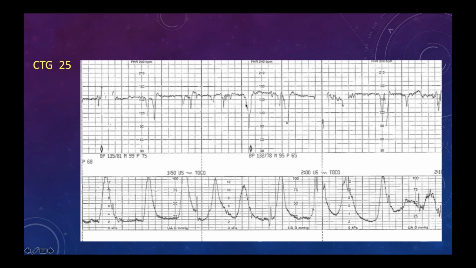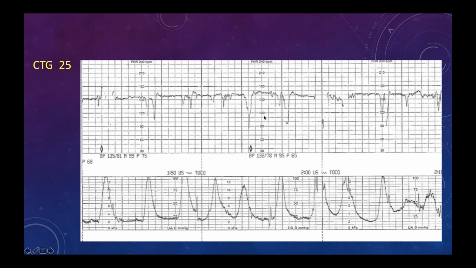And 1, 2, 3. Ma'am, there is deceleration. Variable or late?